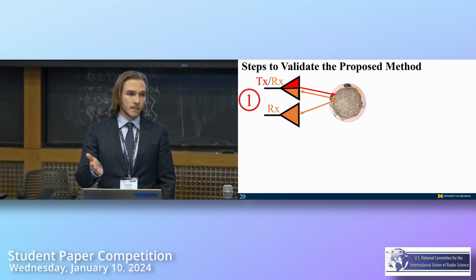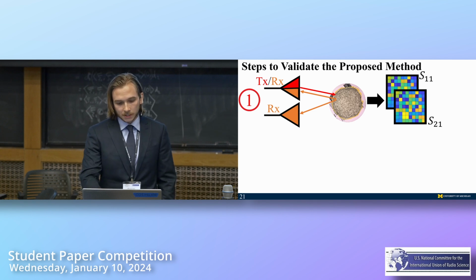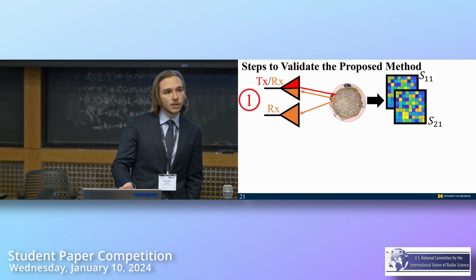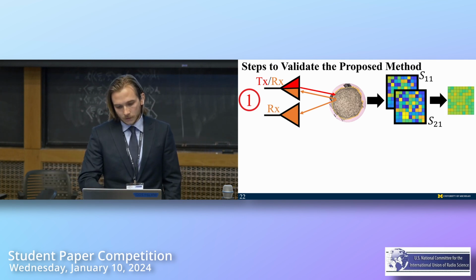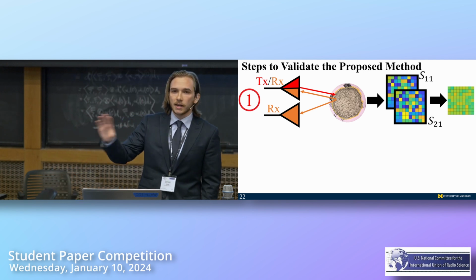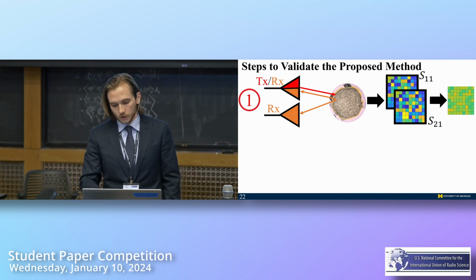Similarly, we transmitted from antenna 1 and received at antenna 2. From this, we generate two images, which we'll call our S11 image and our S21 image. From those two images, you can generate your phase difference image and amplitude difference image, where the pixels in those images should be some estimation of your channel imbalances.